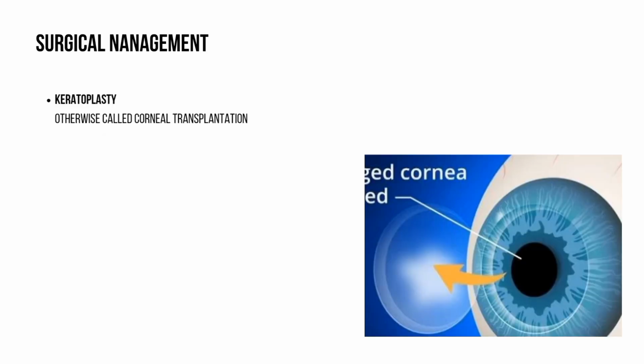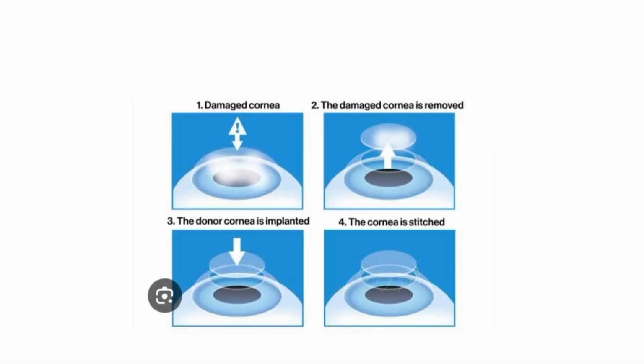Then the ultimate management of keratitis, in case it has caused severe impairment, we could move on to surgical management. It can be keratoplasty, otherwise called corneal transplantation. In this surgery, the damaged cornea is removed and a new cornea is transplanted in the place of the old one.